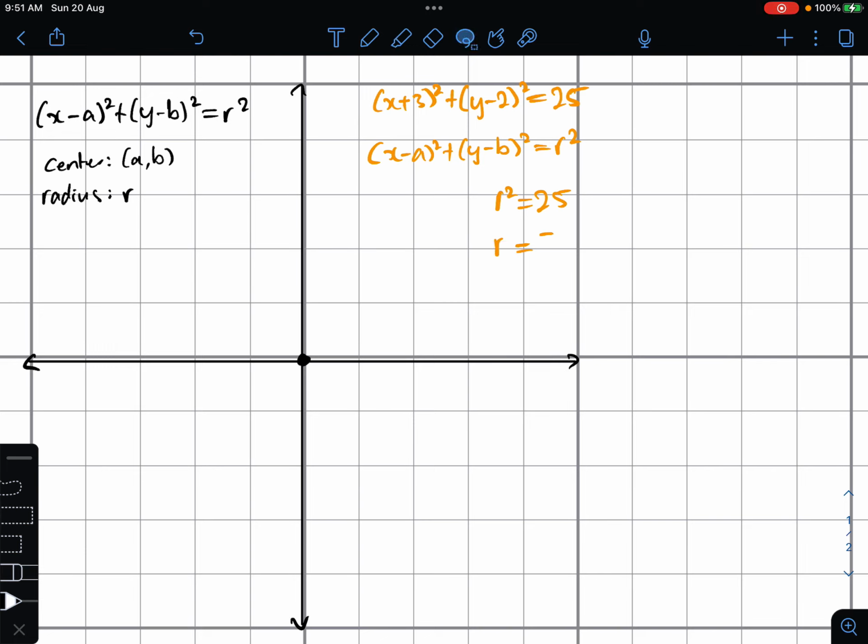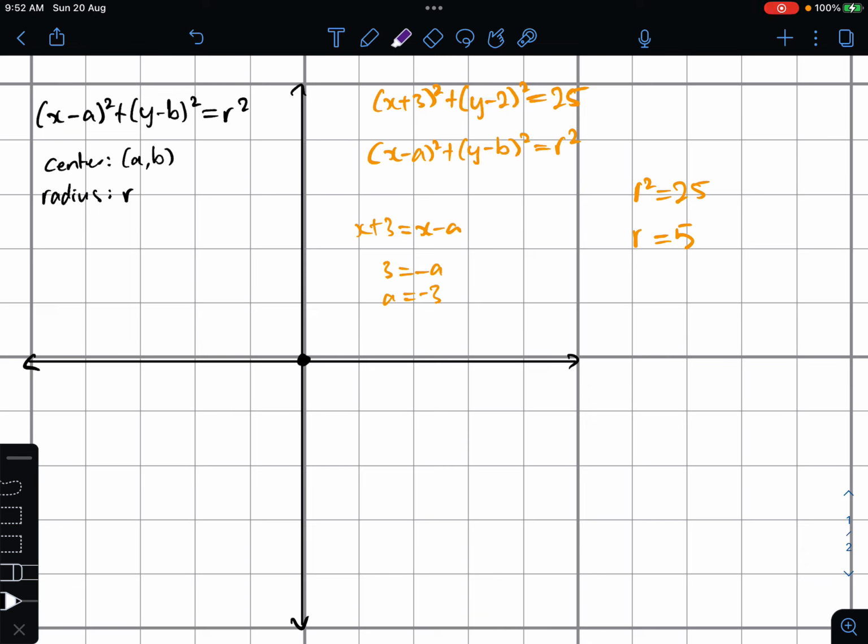Cool. We'll take this information, move it to the side. And now we find the center. So for the center, you just go x plus 3 equals x minus a. You just let the information on the inside equal each other, and then you solve. So 3 equals negative a, so a equals negative 3. Now we're going to do the same with our y's.